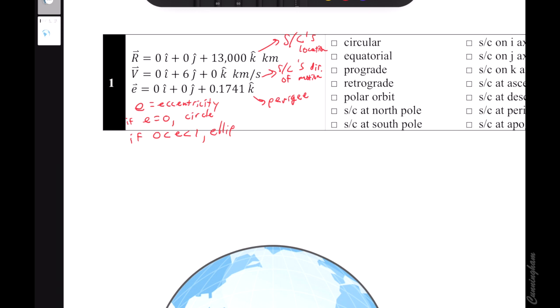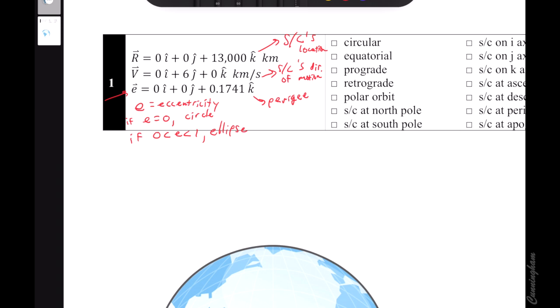So for the eccentricity vector, the E vector would have to have a 0 in this place and this place and this place to have an eccentricity of 0.